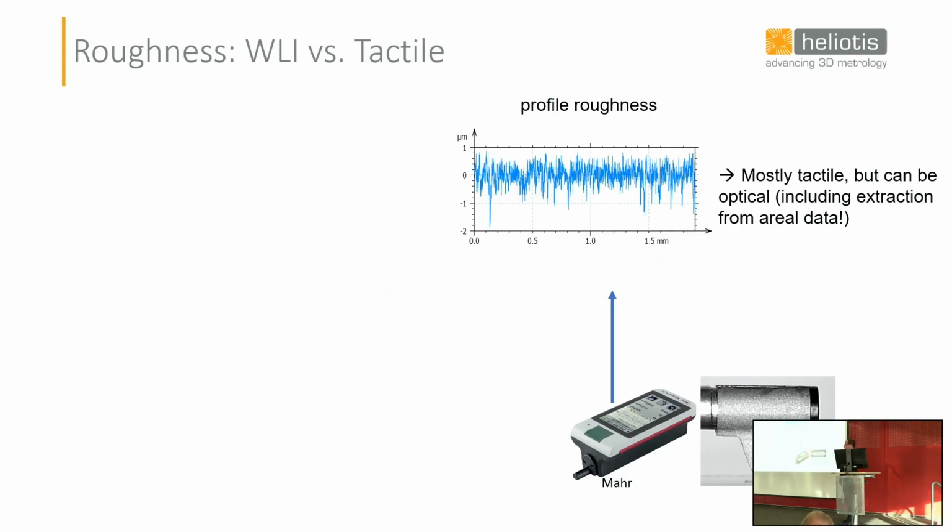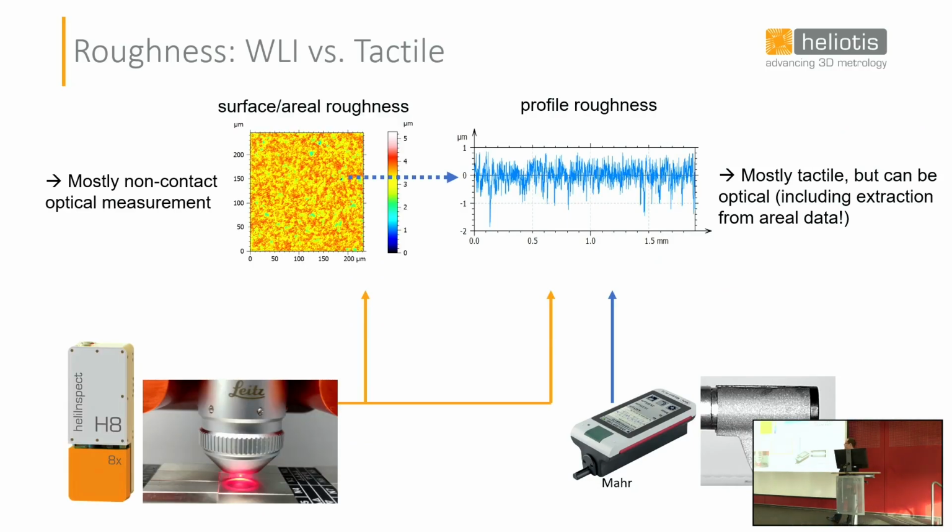So profile roughness is mostly measured with tactile instruments. On the other hand, surface or area roughness is typically measured by non-contact 3D methods, for example, white light interferometry. And of course, if you have a surface, there is nothing preventing you from taking a profile from it.